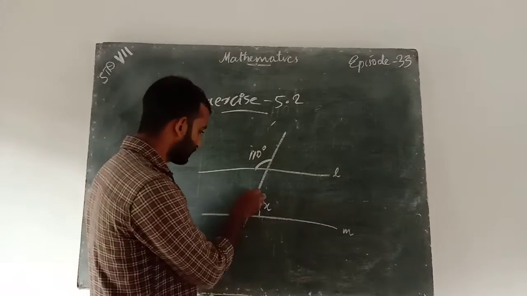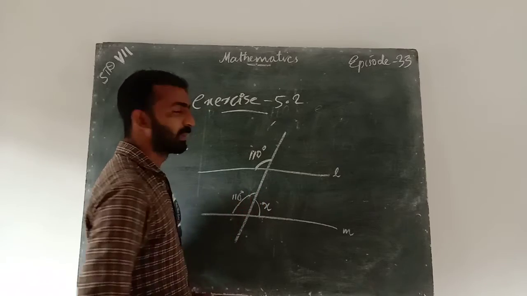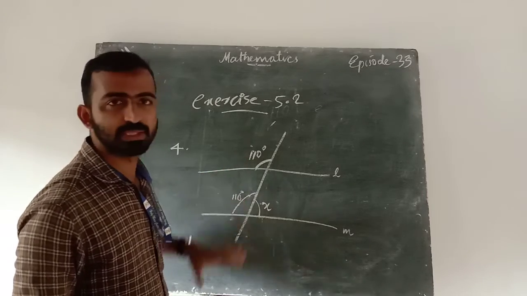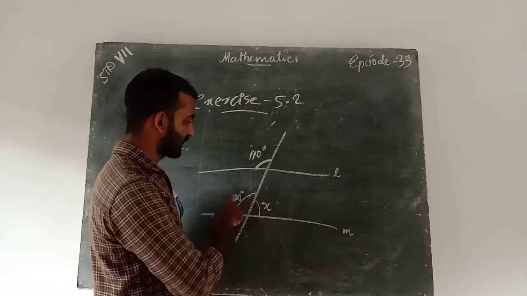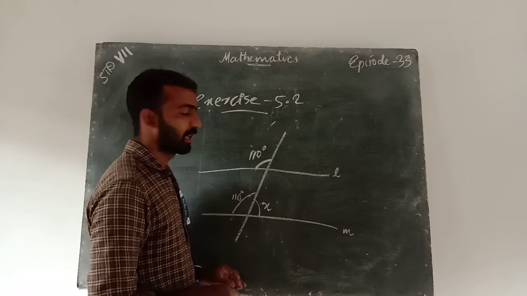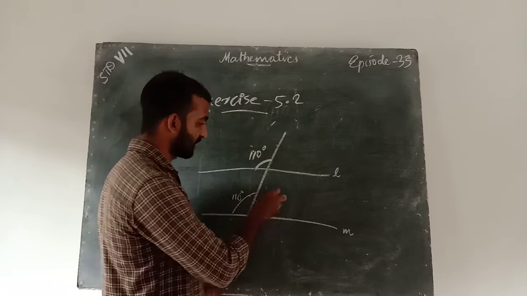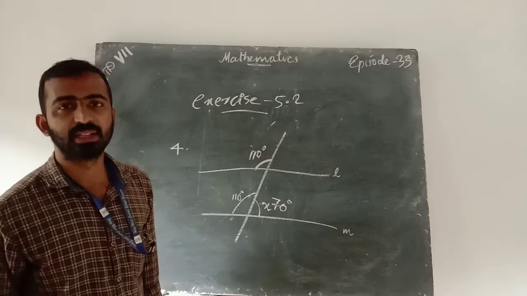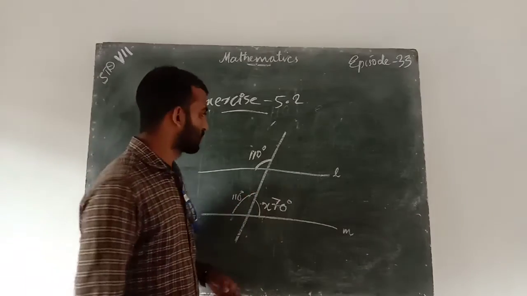So here also 110 degree, because these angles are corresponding angles. So here is 110 degree, and this is a linear pair. So we can write 70 degree.